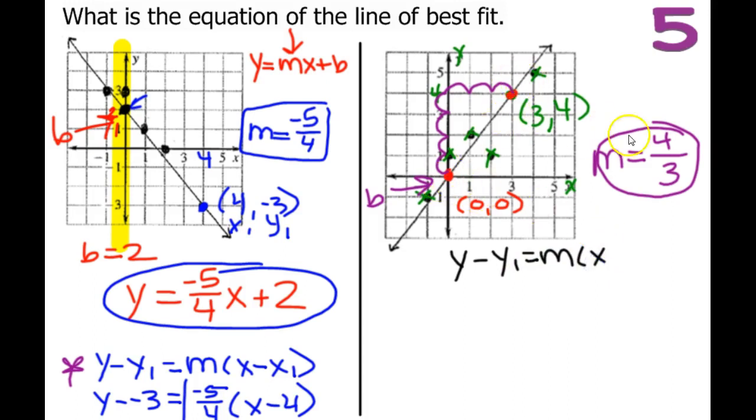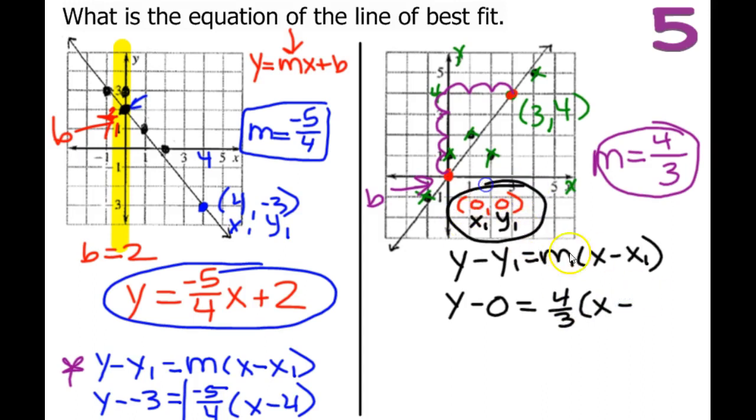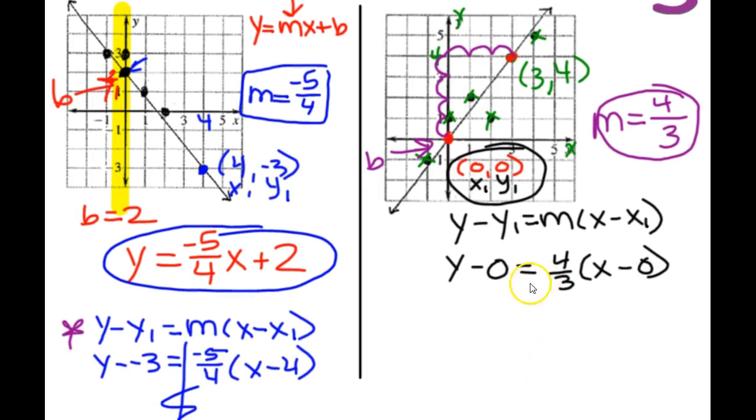Because we have points and a slope, we can use point-slope form. I'm going to use the point 0, 0 because it's easy to add 0 and subtract 0. So we have y minus y1, which is 0, equals our slope, which is 4/3, and then x minus x1, which is also 0. So parentheses means we distribute. We have 4/3 and x minus 0.